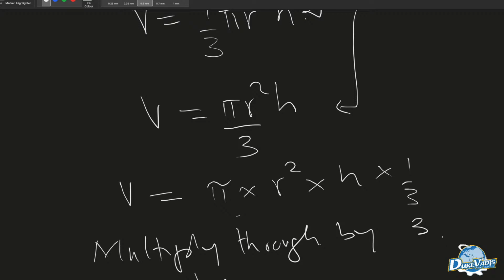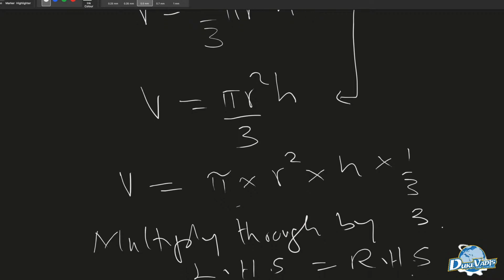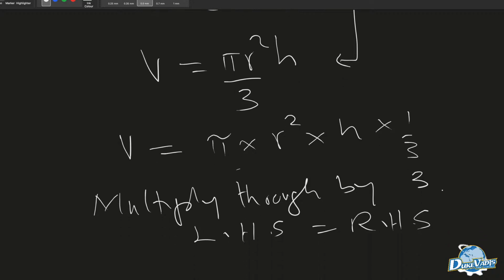So V is equal to pi r squared h over 3. I'm going to multiply here by 3, so we have 3 times V equals pi r squared h all over 3. So I multiply here by 3 too.